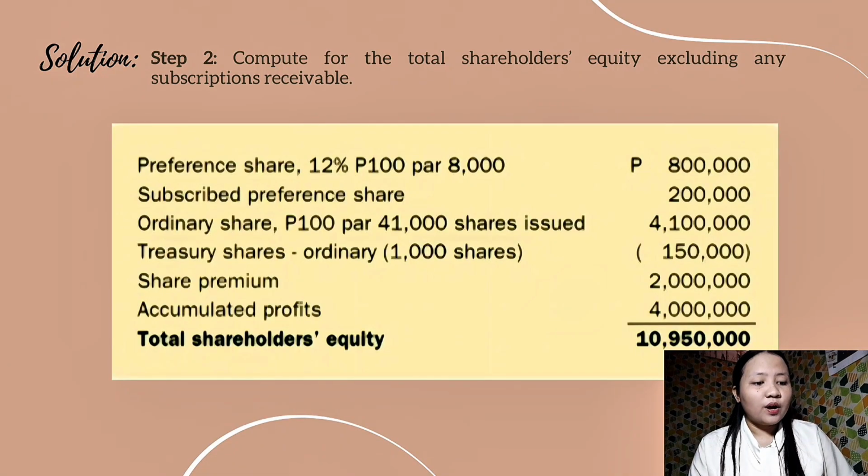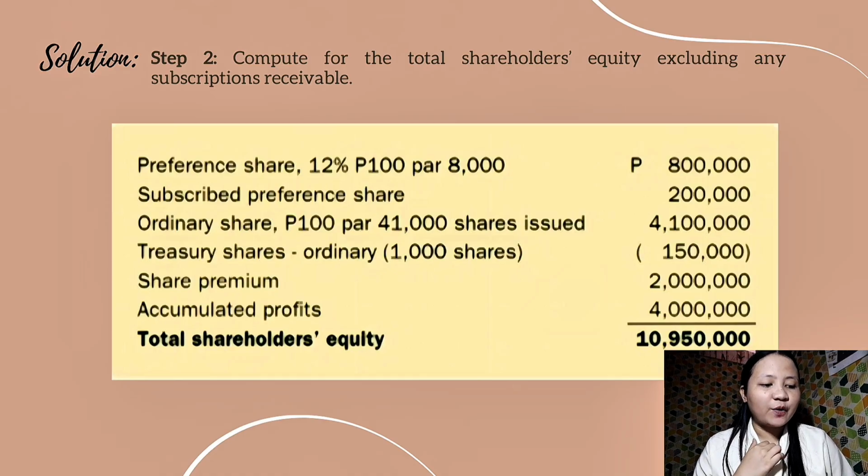In step 2, we will be computing for the total shareholders' equity excluding any subscriptions receivable. So, the subscription receivable is already given, but in the computation of the total shareholders' equity, we will not be including that one. So, preference share amounting to 800,000. Then, subscribed preference shares of 200,000.